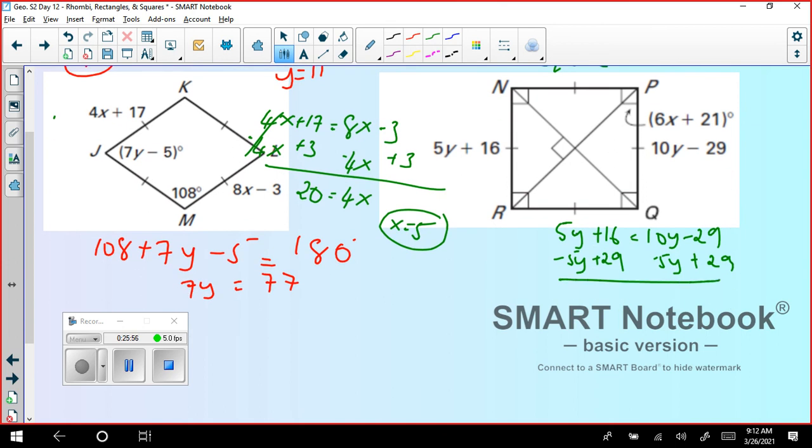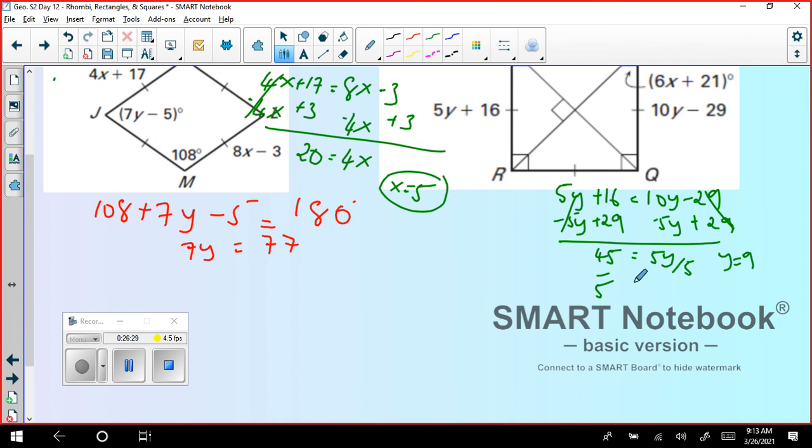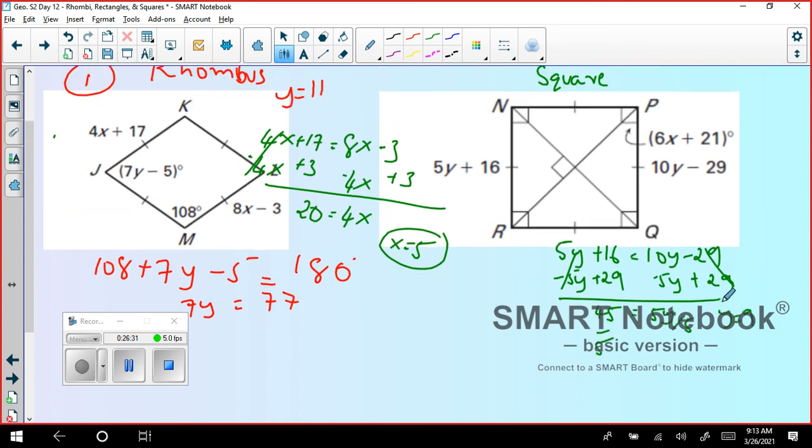That gives us 16 plus 29, which is 45. And 10y minus 5y is 5y itself. Dividing by 5 on both sides, I get y equals 9.